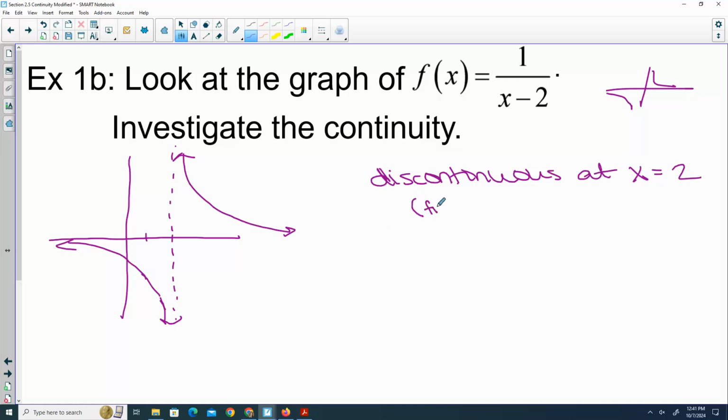You could tell me the function does not exist. You could also say the limit does not exist there. I would accept either explanation. The function isn't defined at 2 and the limit doesn't exist at 2. You wouldn't have to give me both reasons, just one is sufficient.